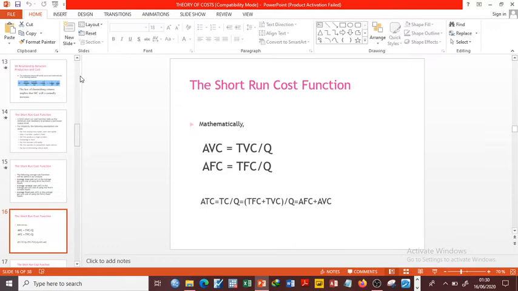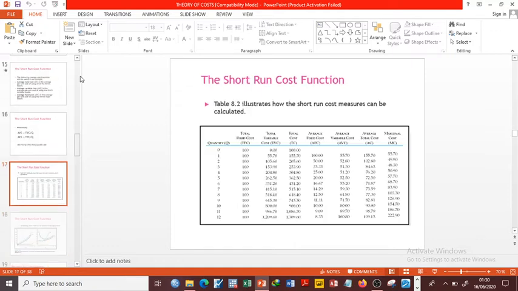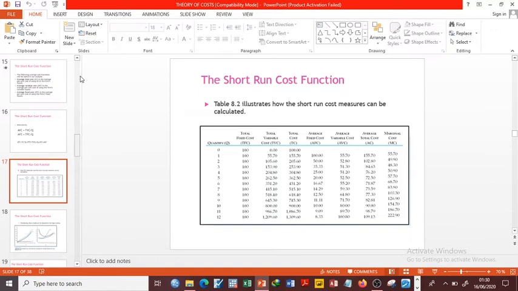So average total cost is the same as saying total fixed cost plus total variable cost divided by output, right? So this is the short run cost function, and here we see the short run cost measures and how they are estimated. And like I said, I will be illustrating a special lecture on how to estimate or calculate these costs.